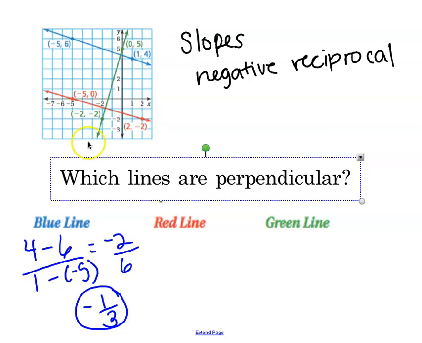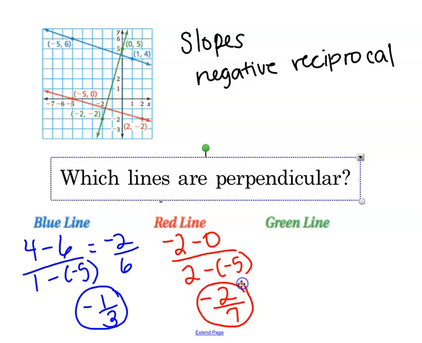Okay, I look at the red, y2, -2, minus 0 over 2 minus -5, which is going to give me a slope of -2/7. And then I go to the green line, and the green is -2 minus 5 over -2 minus 0.